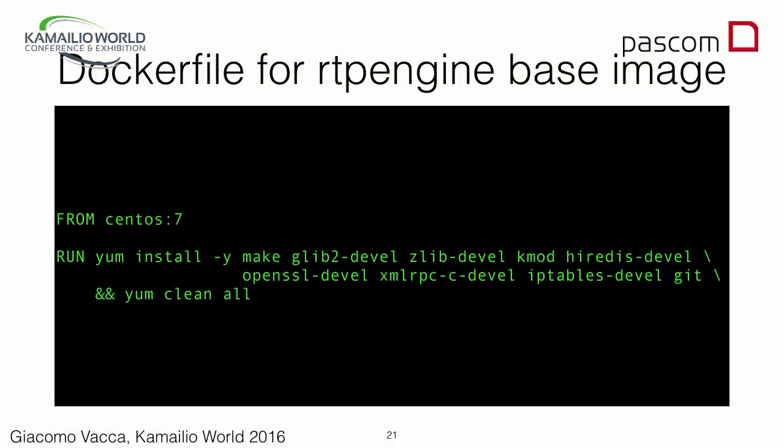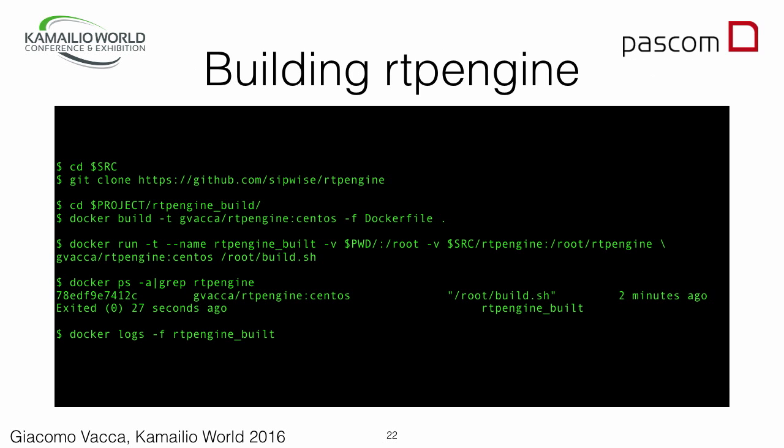In this case as well, the base image for building rtpengine is very simple. It can be defined with this Dockerfile. Here you just delegate one folder in the host to have the rtpengine source code. Then you build the base image, and then you run the build inside that base image.